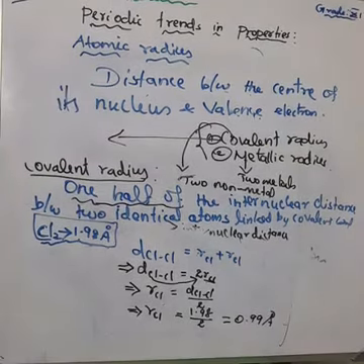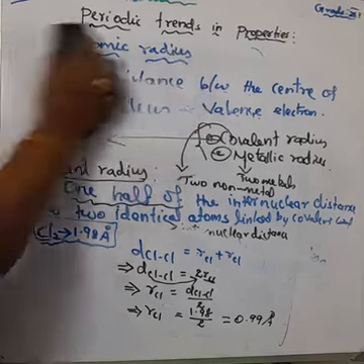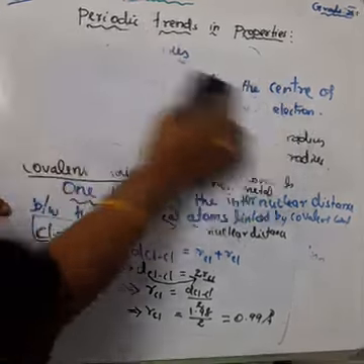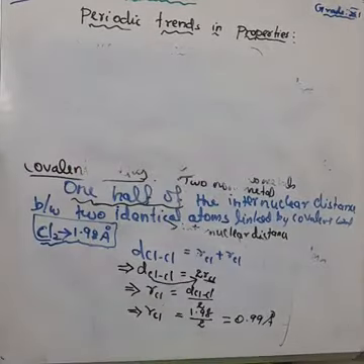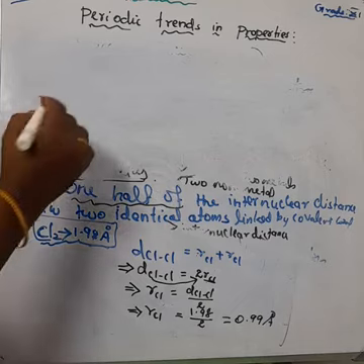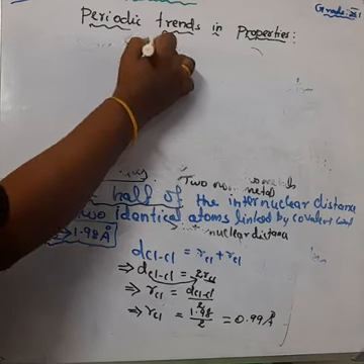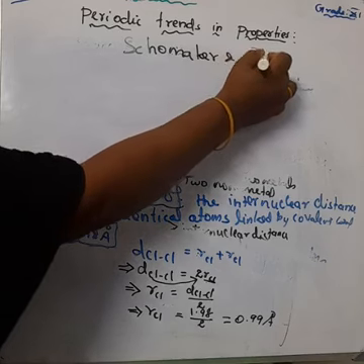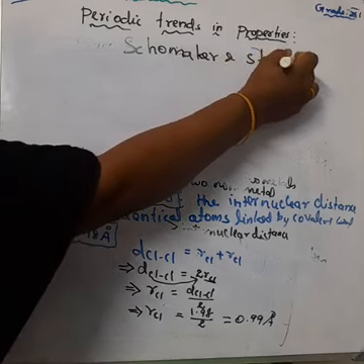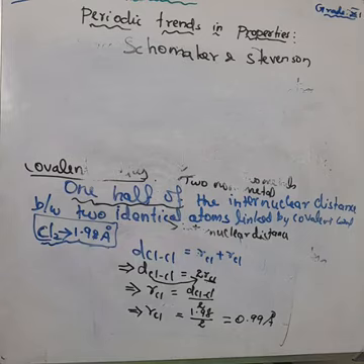The internuclear distance between two different atoms can also be calculated using a formula given by Schomaker and Stevenson. They proposed one of the simplest methods to calculate the covalent radius of an individual atom. If we know the internuclear distance between the two atoms, we can use this formula.